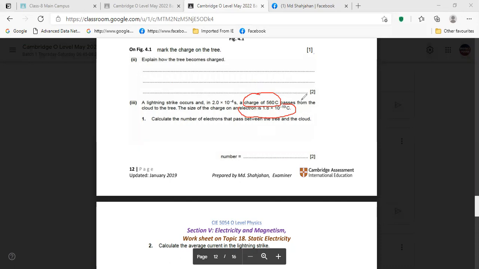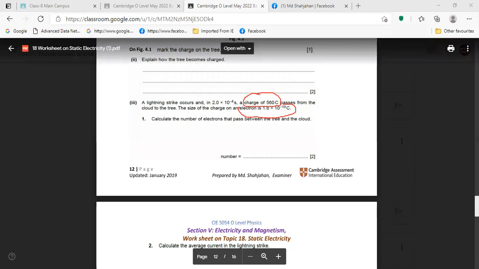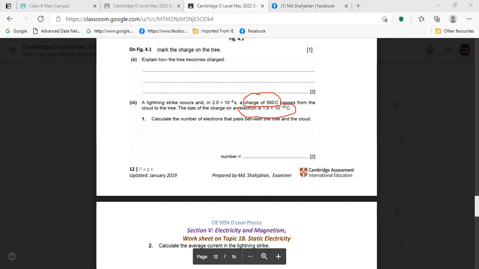Just the unitary method. Anyone got it? Adrita, have you got it? Have you got the answer?